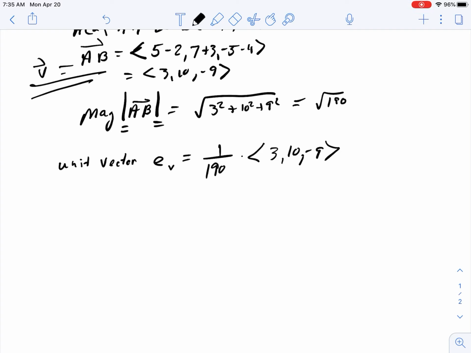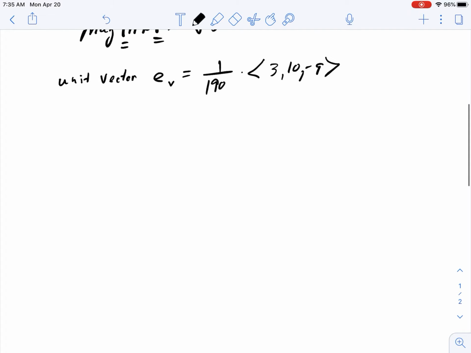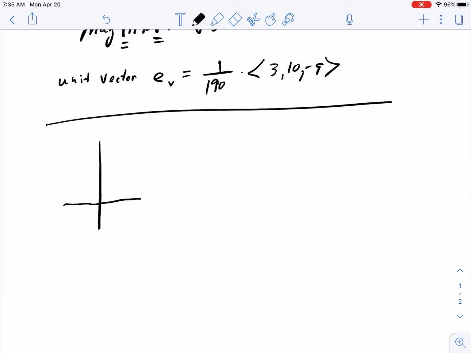Oh, excuse me. Okay. So if we looked at, say, the unit circle. Now remember, the unit circle has r of 1, so this point here would be 1 comma 0.